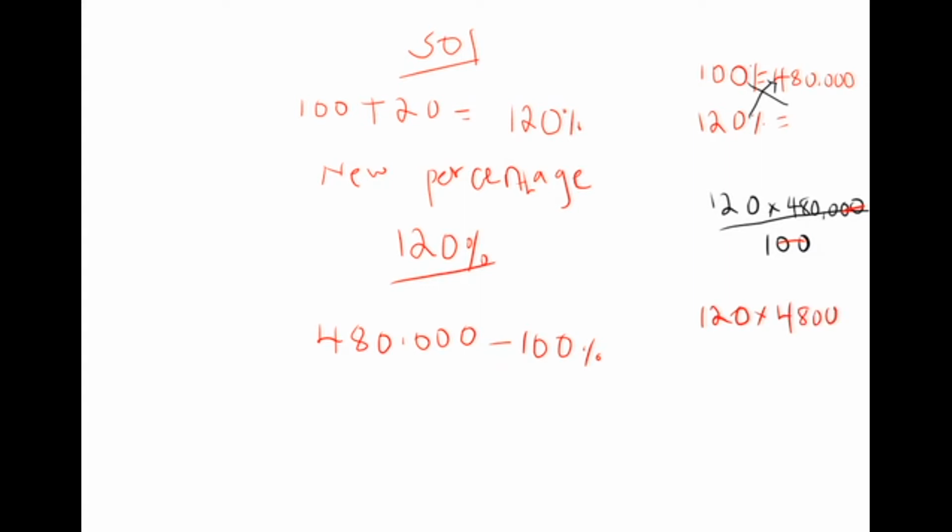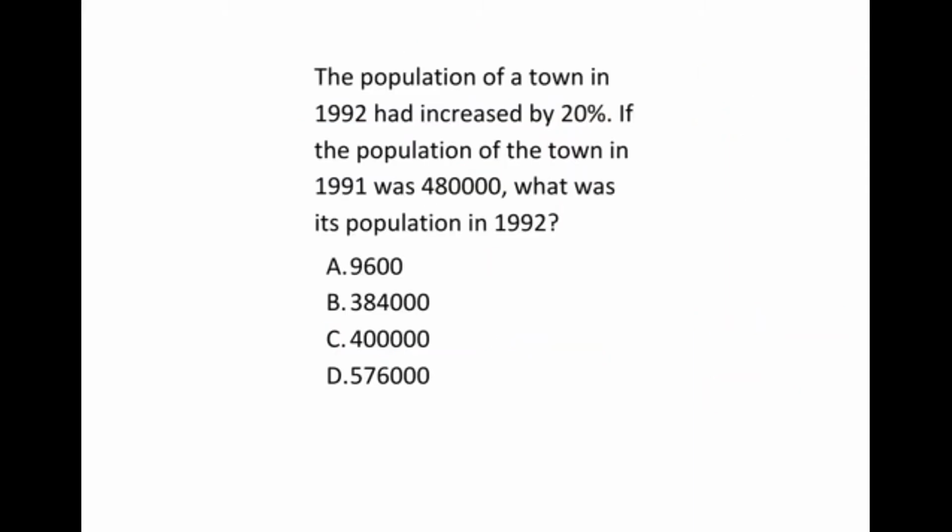It will give us 576,000. Therefore, the population in 1992 is 576,000. Therefore, our correct choice is D, 576,000.